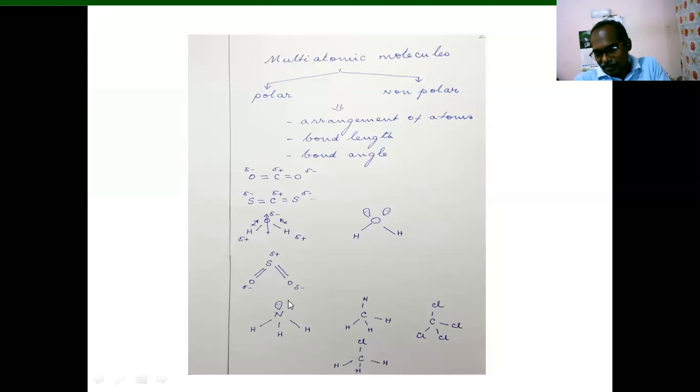See, nitrogen, oxygen, sulfur, selenium, tellurium, these are all the elements in one group. Sorry, oxygen, sulfur, selenium, tellurium, polonium. So nitrogen has one lone pair.